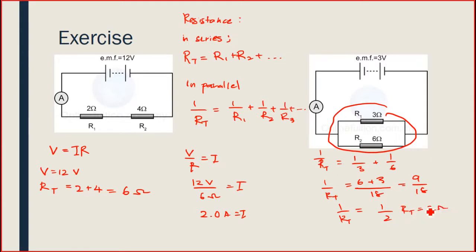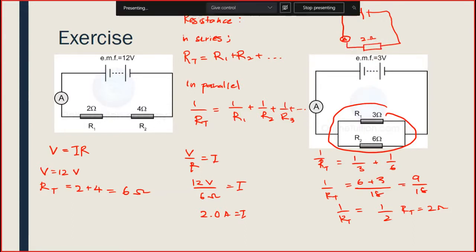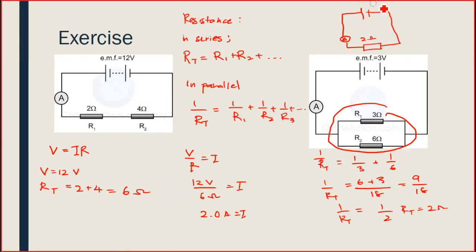Here you can redraw this into this one. This is the ammeter, and this is a resistor of 2 ohm. This circuit is equivalent to this circuit. This is 3 volt.